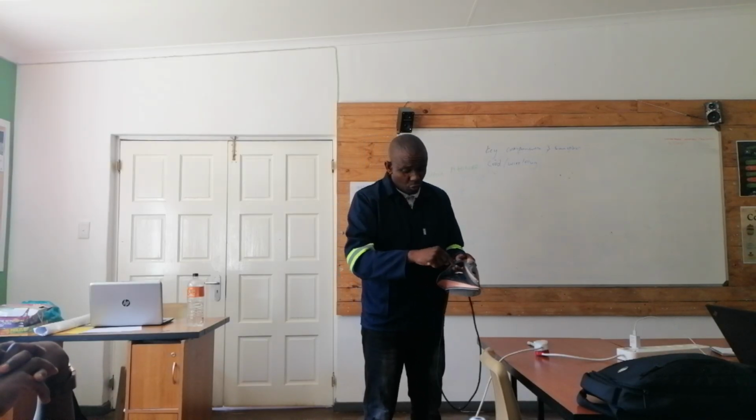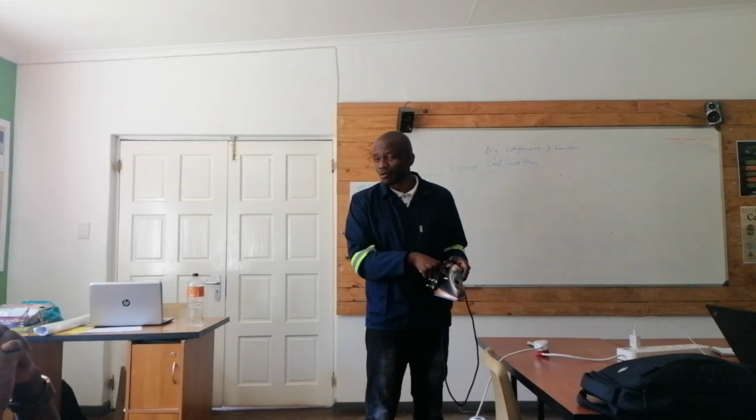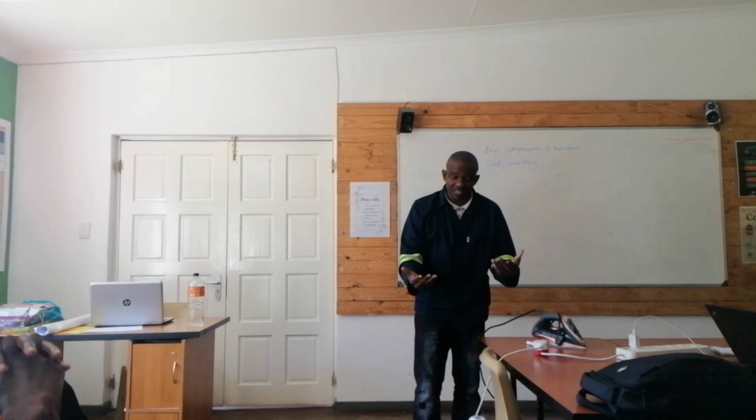If the problem is with the switch, when you turn it on, both terminals are supposed to give you a bell. If it doesn't ring, it means your switch is not making contact. So you have to focus on the switch. However, if your switch is giving you a reading, it means there's nothing wrong with it. Your switch is working fine. You have to continue.